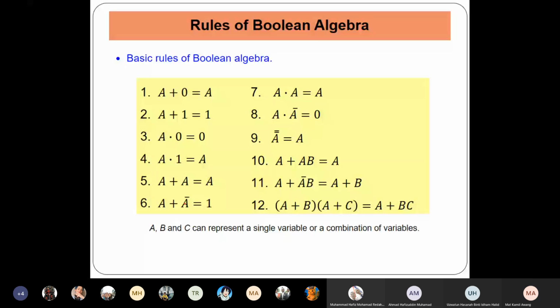If A is 0, A bar is 1, so 0 OR with a 1 is equal to 1. So that is rule number 6.